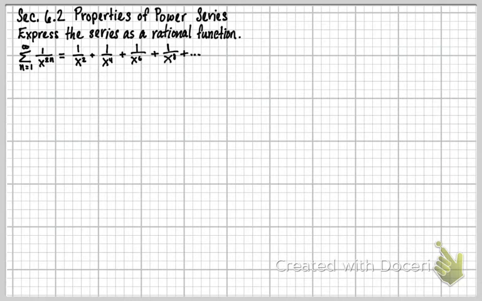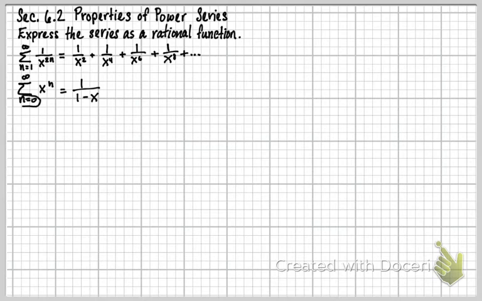So the reason why I'm bringing this out is I really want my series to start at 0. Because then if I can get it in the form of this, x to the n here, I can say that it's 1 over 1 minus x.